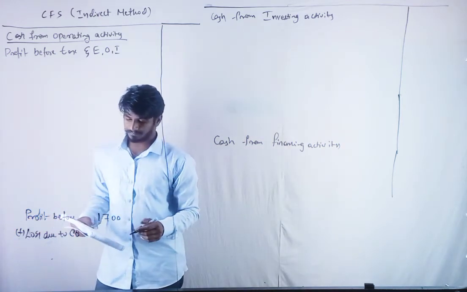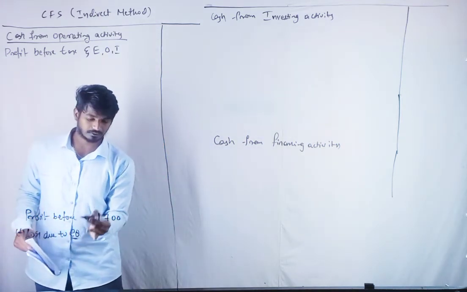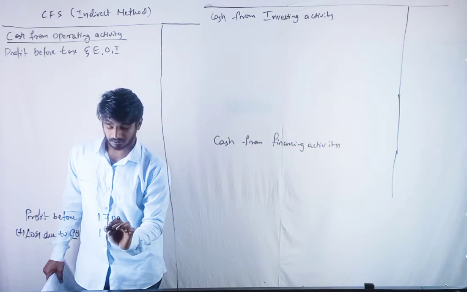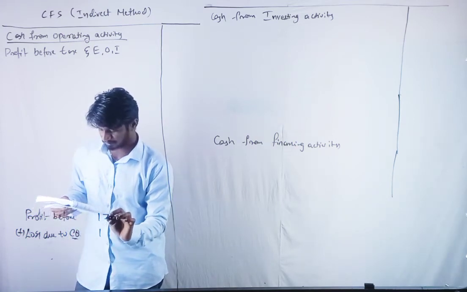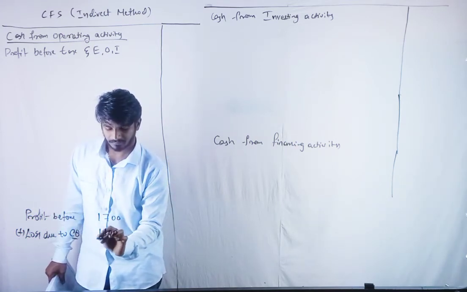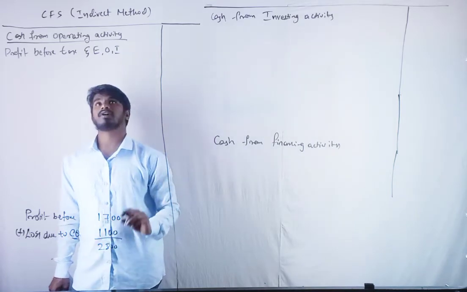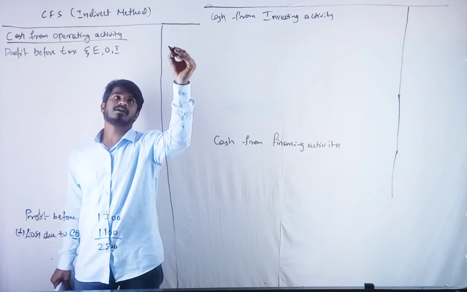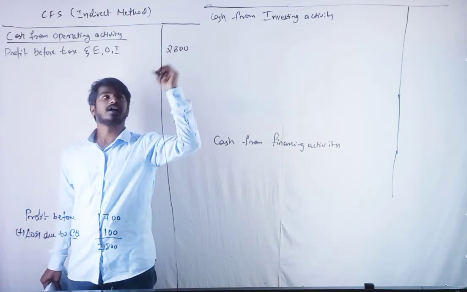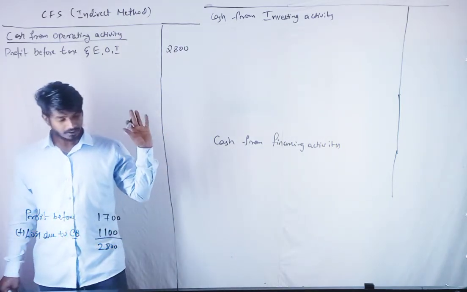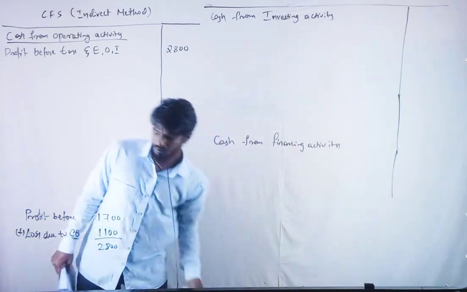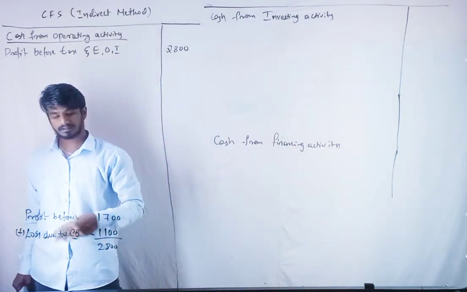Yes sir. EQ is earthquake. 1,100, right? It becomes 2,800. Profit before tax and extraordinary item, 2,800. Is that okay?